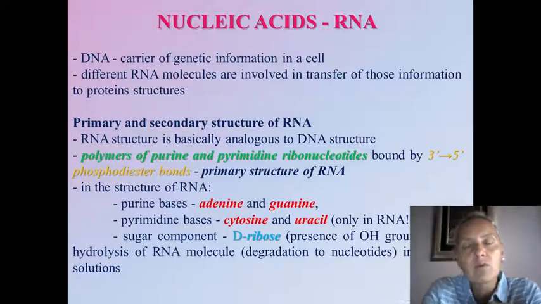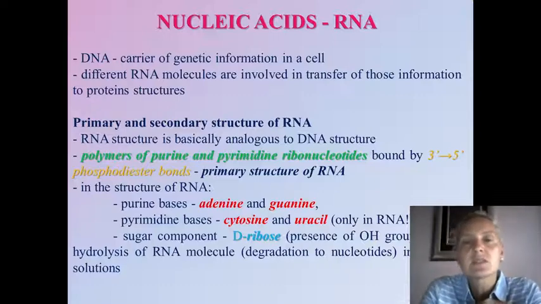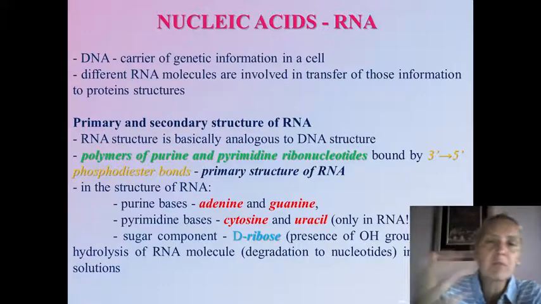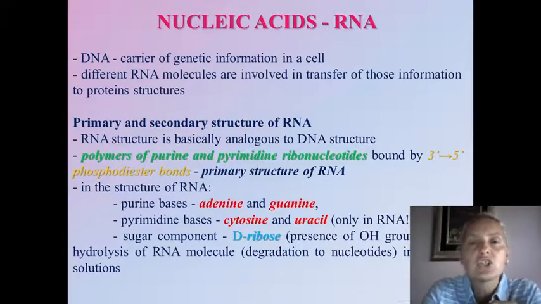Furthermore, RNA molecules are then actively involved in the transfer of that information to the sequence of amino acids in a future protein. If you remember, we mentioned that proteins are the tools, or instruments, of genetic information expression, and we mentioned the very important role of RNA molecules in that transfer of hereditary information.